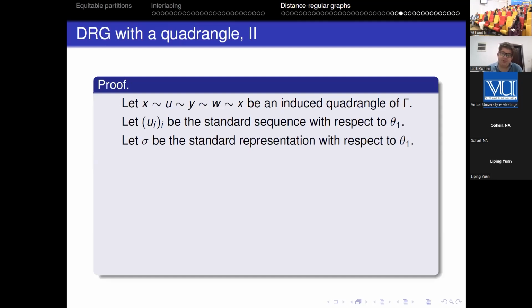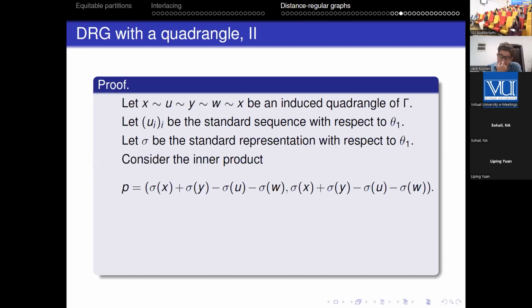Let the u_i be the standard sequence with respect to θ_1, and σ the standard representation with respect to θ_1. Now you consider this very complicated inner product: σ(x) plus σ(y), minus the other two opposites, with itself. So we know that p has to be at least 0.